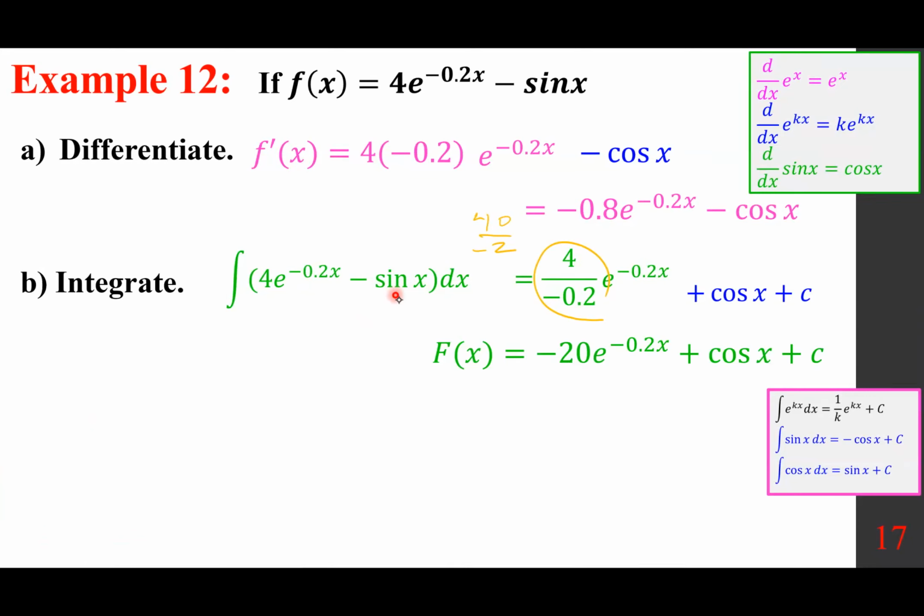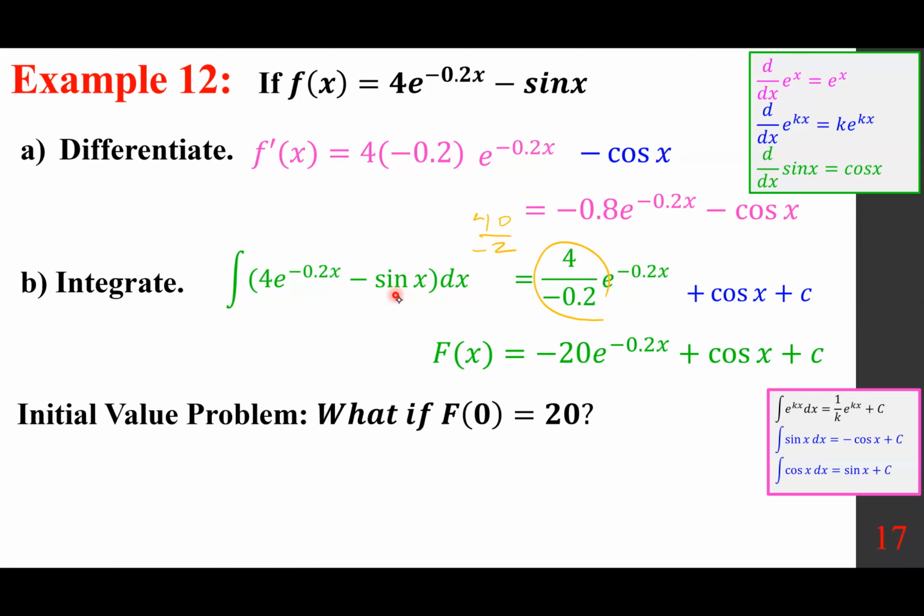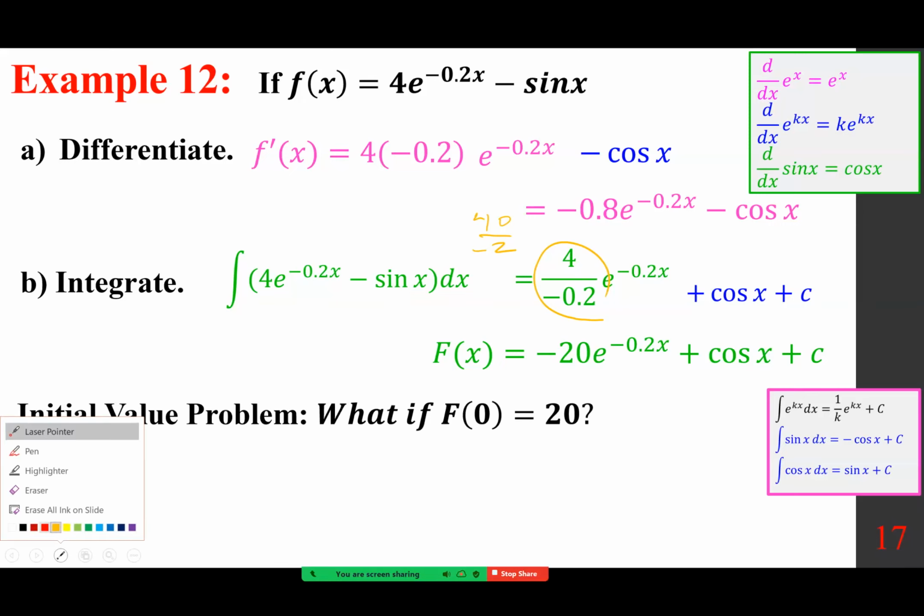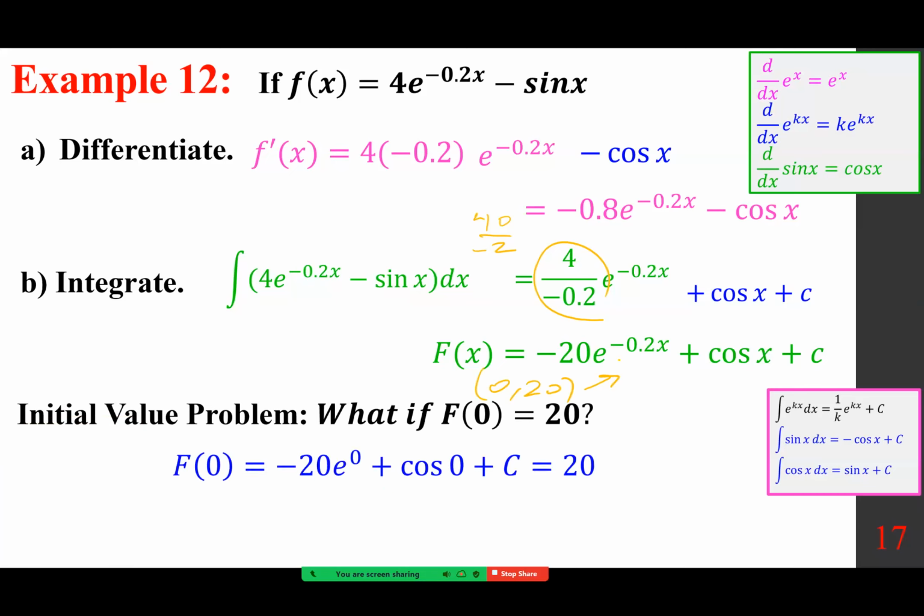Let's look at an initial value problem where f of 0 is 20, meaning it gives us this pair, 0 to 20. Let's plug in. So replace the x with 0. As you know, this is 1, this is 1, so we get minus 20 plus 1 plus c equals 20, and I hope you realize c is 39.